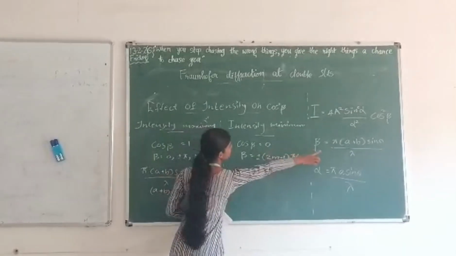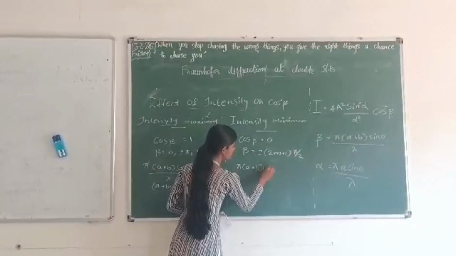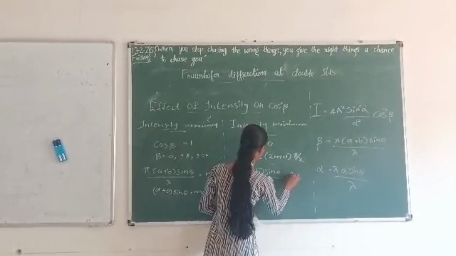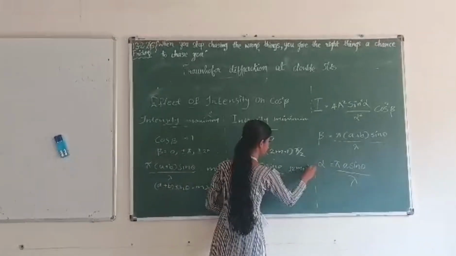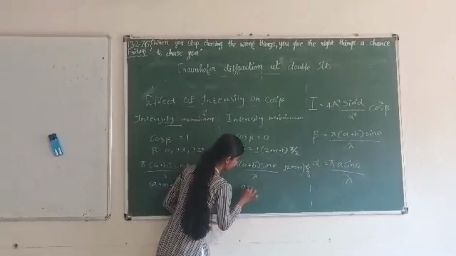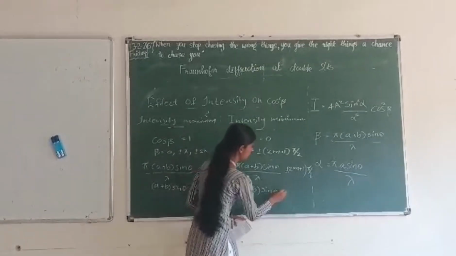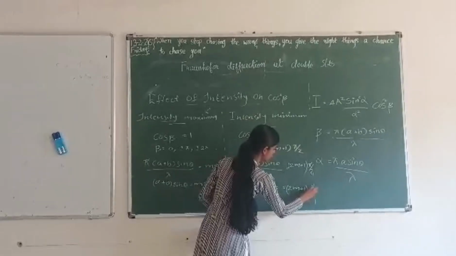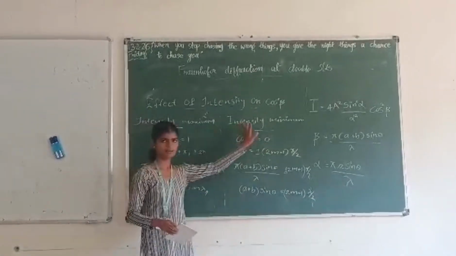Now substitute pi a plus b sin theta by lambda equal to 2m plus 1 by 2 pi. So pi cancels, and a plus b sin theta equals 2m plus 1 lambda by 2. This is the condition for intensity minimum.